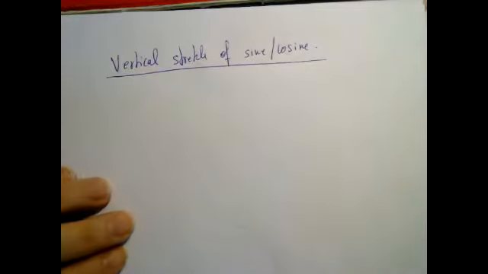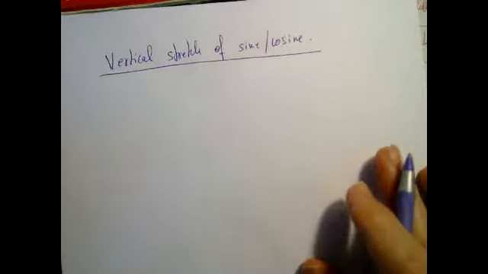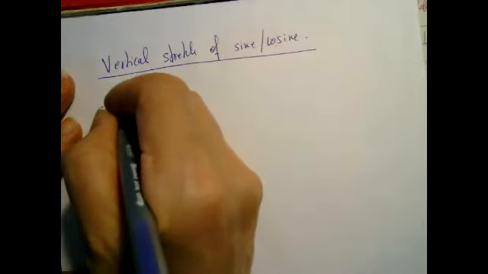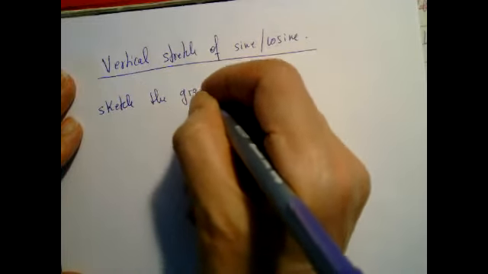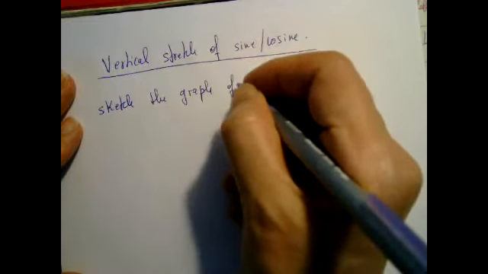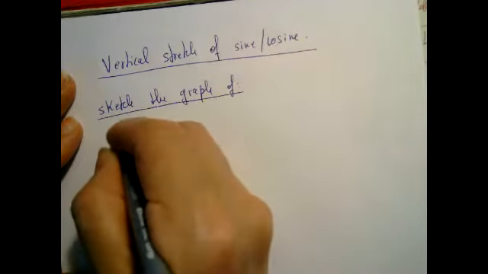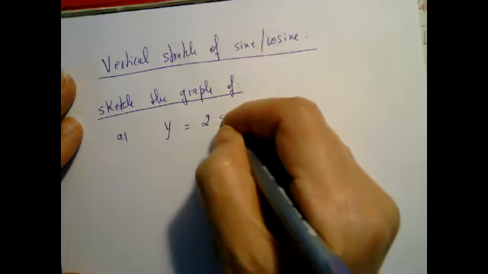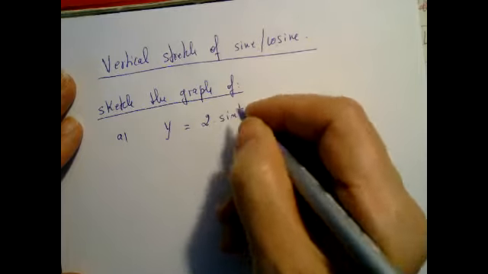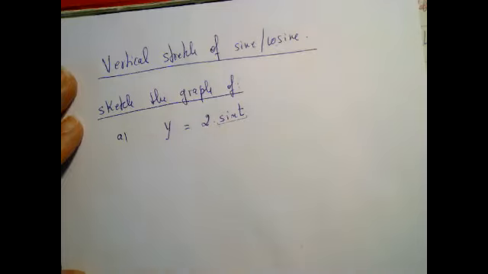So first, suppose I'm giving you the following function. What do I mean by that? Sketch the graph of the following: y equals 2 sine of t. So we know what the sine of t is.